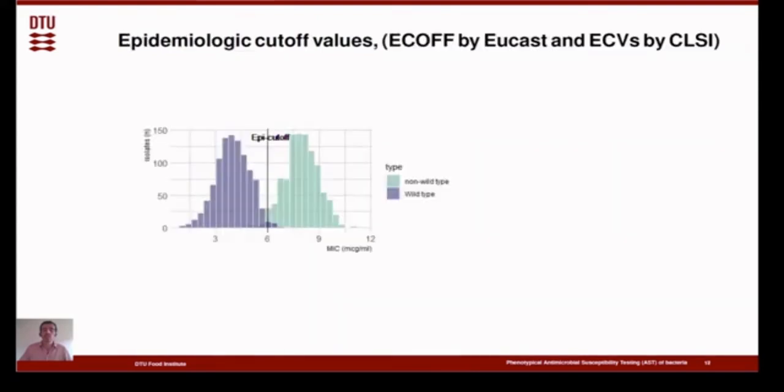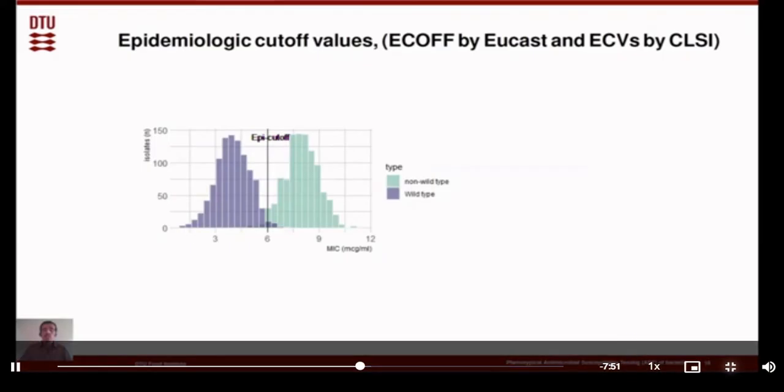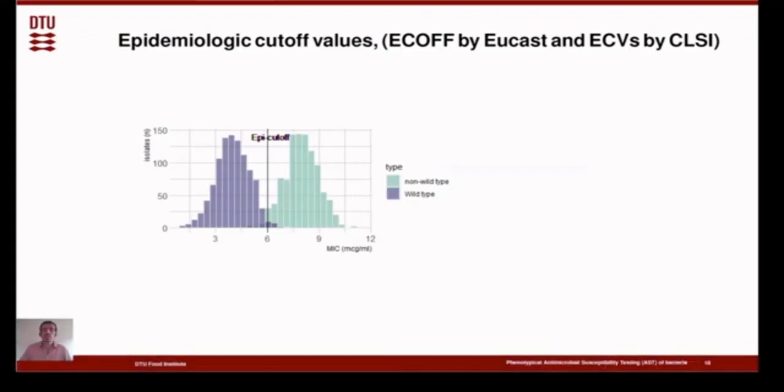They are important because in some situations there is not sufficient clinical evidence of success using a certain antimicrobial, or there are not enough clinical trials, or we don't know exactly the pharmacodynamics of a certain antimicrobial.